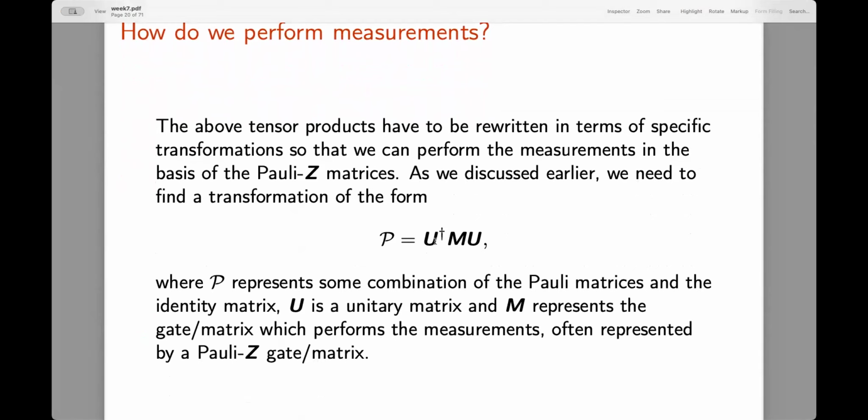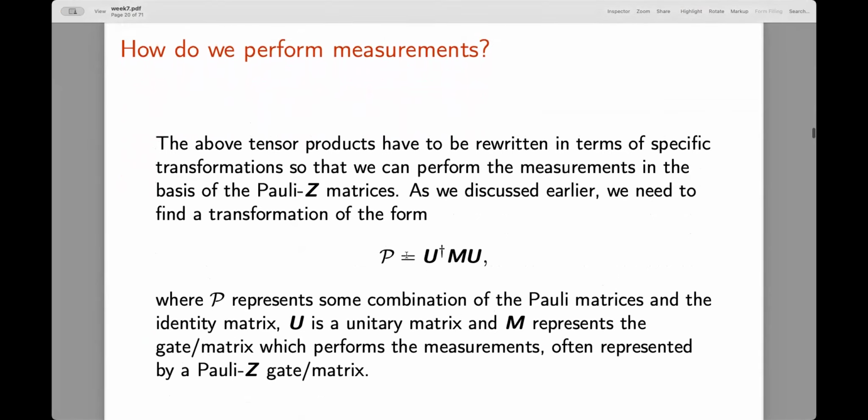So in the measurements, we want to transform the original string, which is P, some combination of Pauli matrices. We want to find a unitary transformation which transforms this into this basis M, where M represents the gate matrix which performs the measurement. And this is often given by a Pauli Z matrix. So we often say that we are doing a Pauli Z measurement.